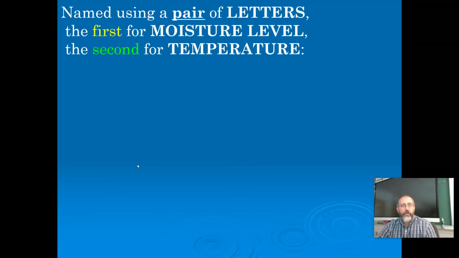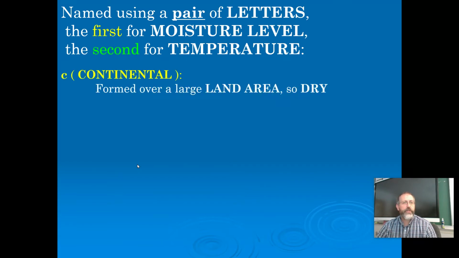So there's maybe four normal possibilities you're going to run into in earth science. And we might throw another one in there just because it is in the reference tables. The air masses are labeled using a pair of letters. The first letter always indicates the moisture level. The second one always indicates the temperature. It's just the format they're always in. The first letter is always lowercase.